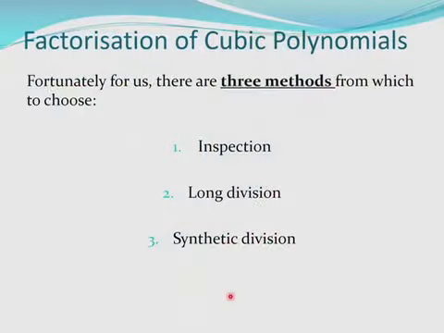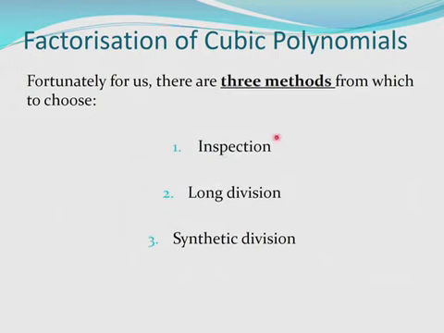Now, fortunately for us, there are 3 methods from which to choose to factorize cubic polynomials. If you look at the monitor, you'll notice these 3 methods are listed. Firstly, we can do so by inspection. Secondly, we can use long division, as you can see there. And thirdly, synthetic division.